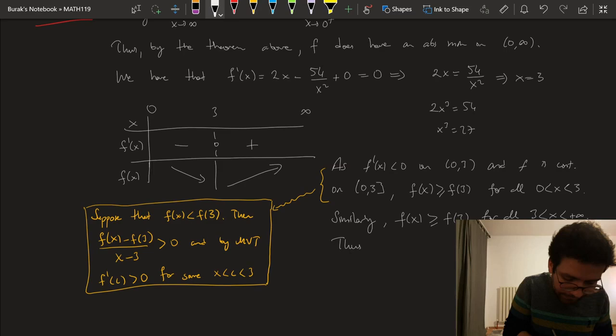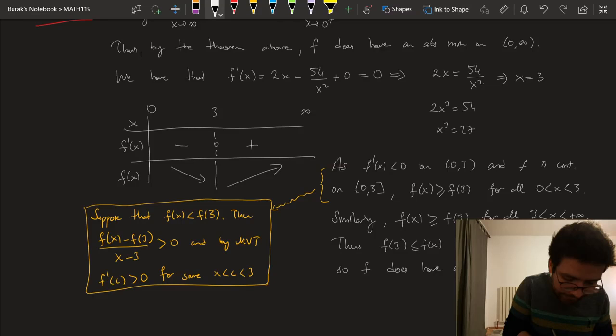Thus, f of 3 is less than or equal to f of x for all x between 0 and infinity. And so f does have an absolute minimum at 3, at x equals 3.